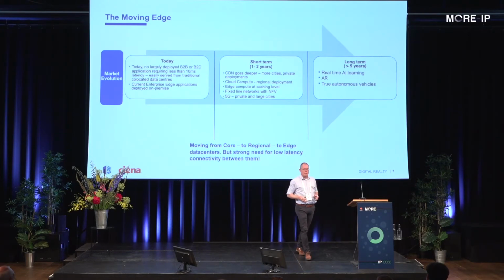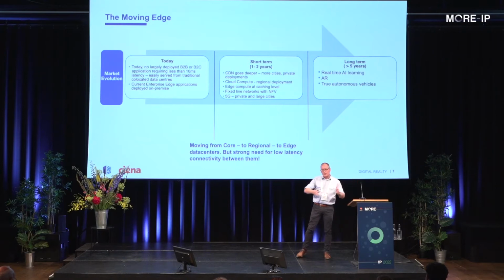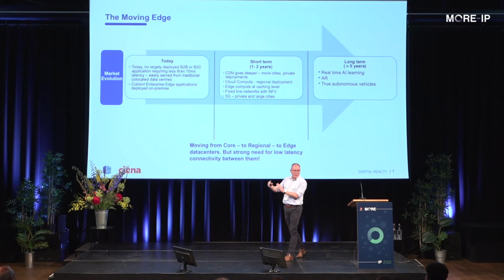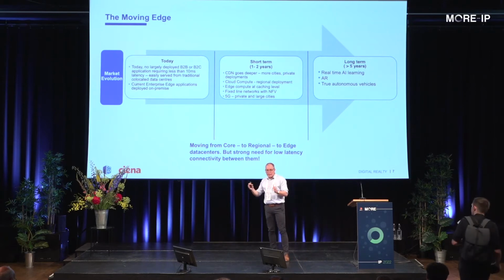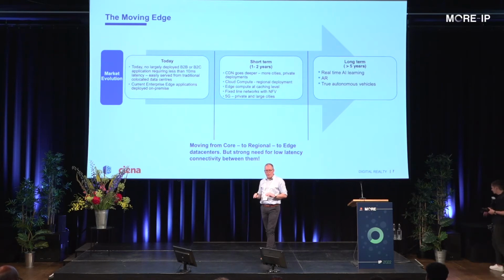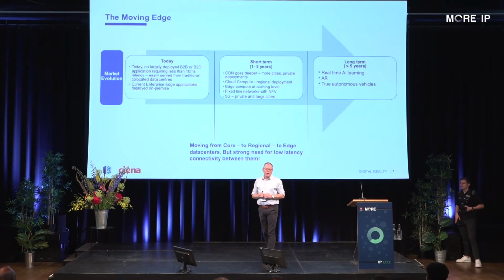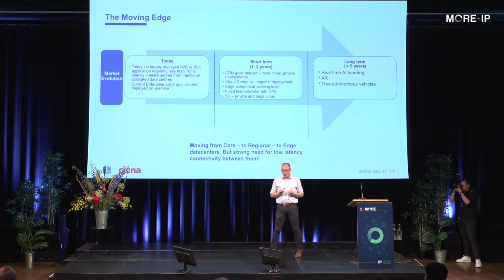So what we see happening is that, yes, there is a move from core sites to regional sites, sometimes to smaller edge locations, again, depending on how you define what the edge location is. But we see that move happening, but it's slowly.